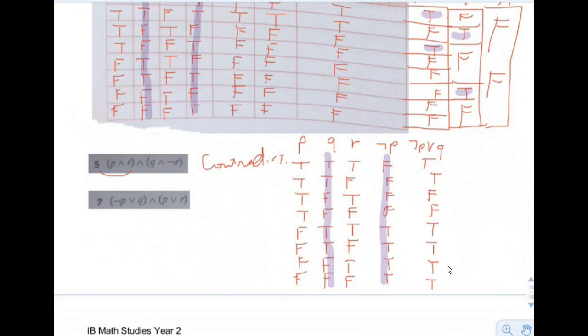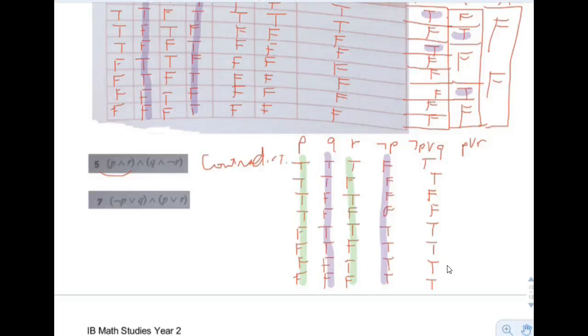Okay? And then we are going to do P or R, which is the second part of it. If we're doing P or R, anything that has a true in it is true.